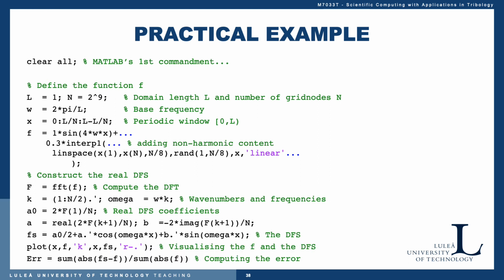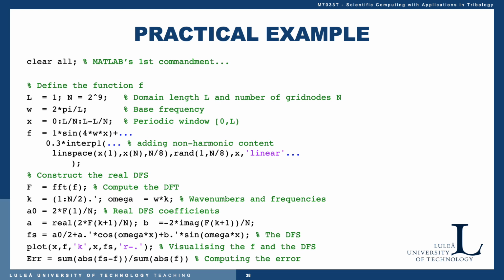So it remains to visualize this, and here you see a command which visualizes two functions at the same time. So we have the original function in black, and the Fourier series representation of the function in red with a dashed dot line to really show the differences and the similarities between the two.